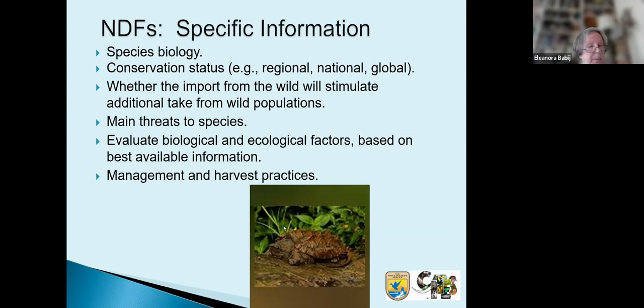We look at population monitoring, what exists and what's being done for the species, and we look at management measures currently in place or those that are proposed. Those include harvest practices, any adaptive management strategies, and consideration of levels of compliance.